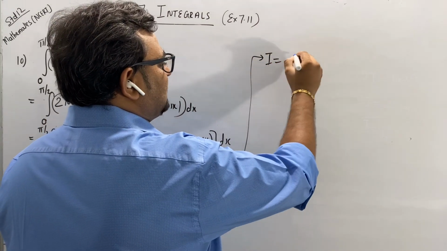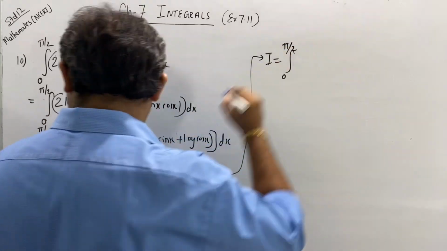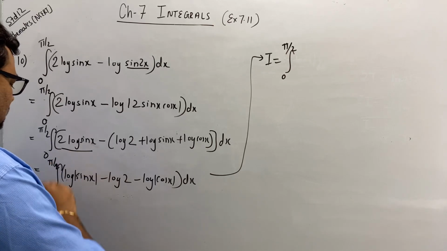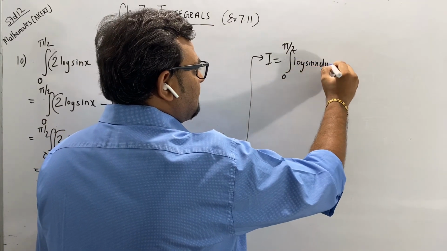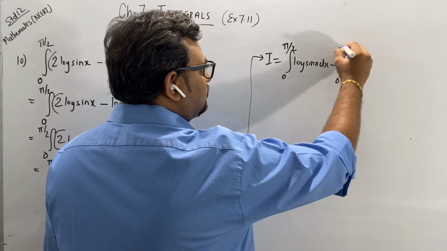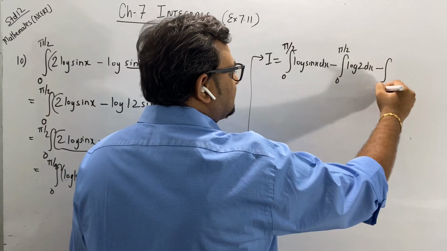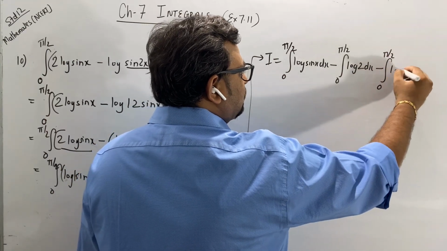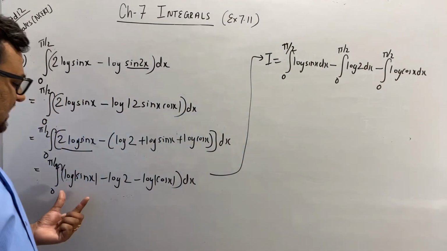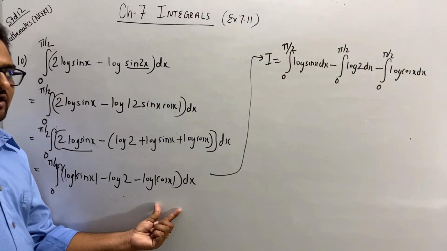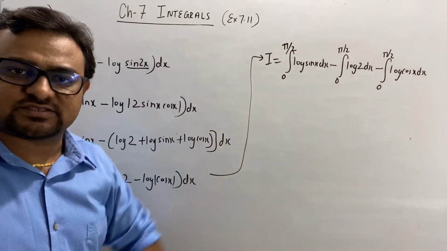Now what I will do, I will separate all these three. So I will be equal to the integral from 0 to pi by 2 of log sin x minus the integral from 0 to pi by 2 of log 2 minus the integral from 0 to pi by 2 of log cos x dx. I have separated all these three. So now see here, I can write this as the integral from 0 to pi by 2 with pi by 2 minus x.